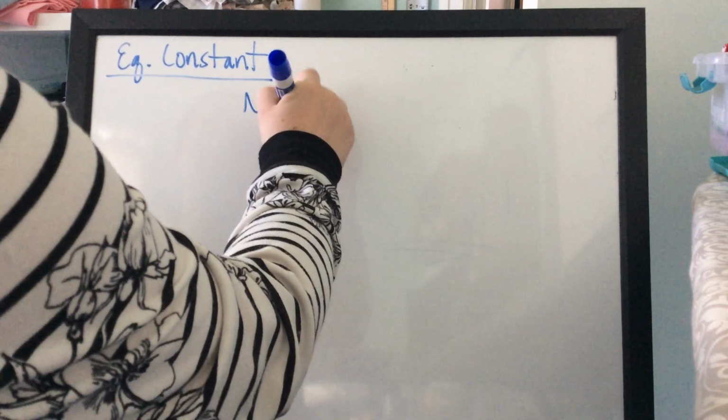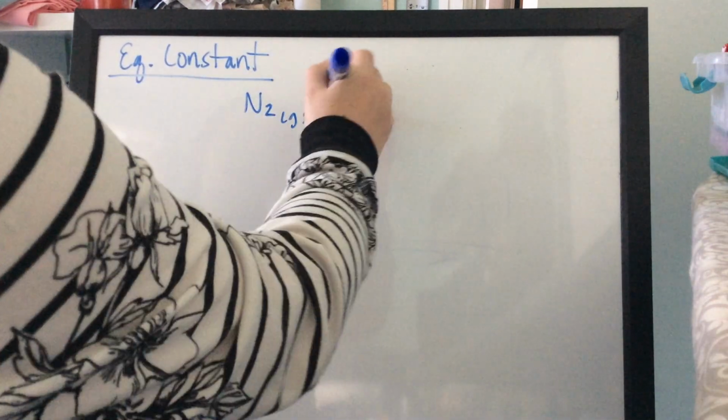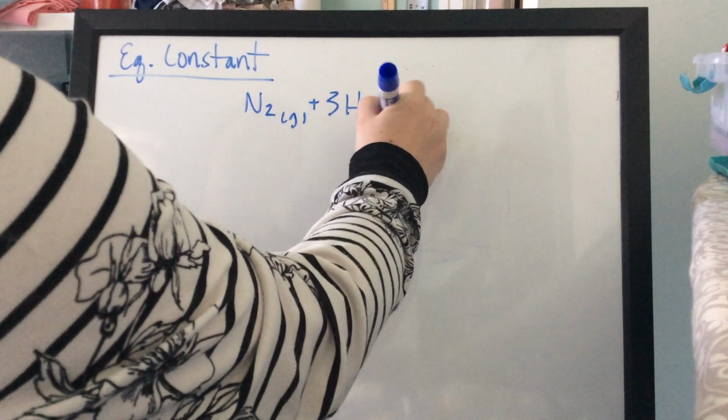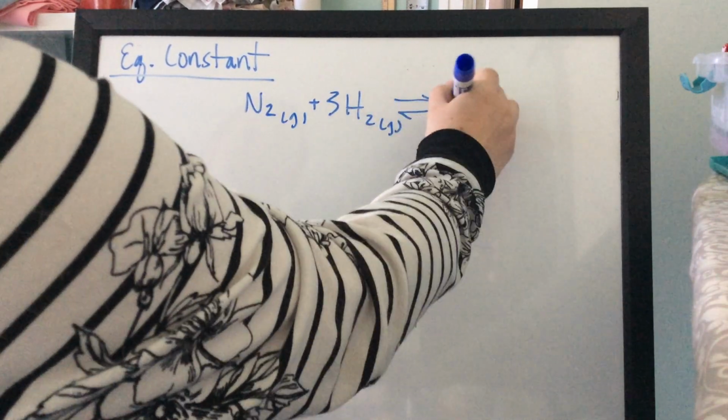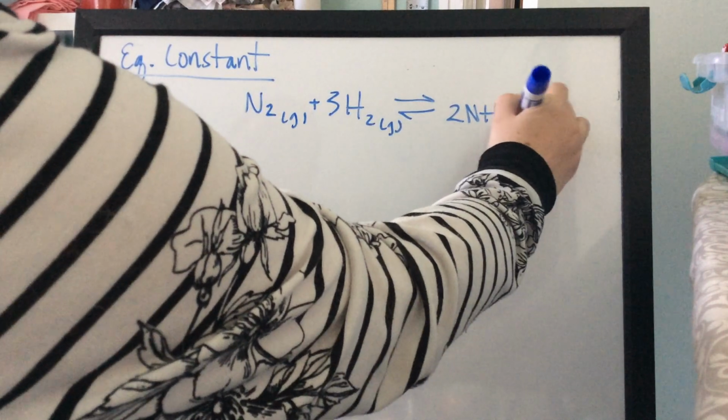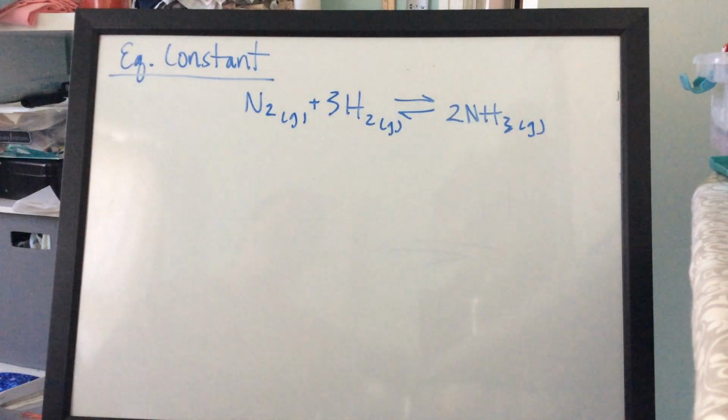And we're going to talk about this reaction. This is a common reaction that's studied in equilibrium. It's the Haber process, as some of you are well familiar. I'm going to talk about this reaction graphically in two graphs.